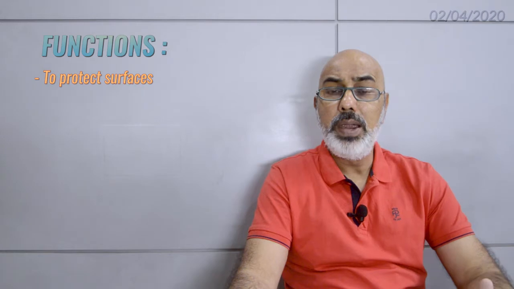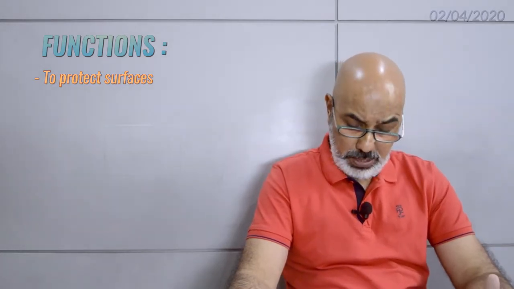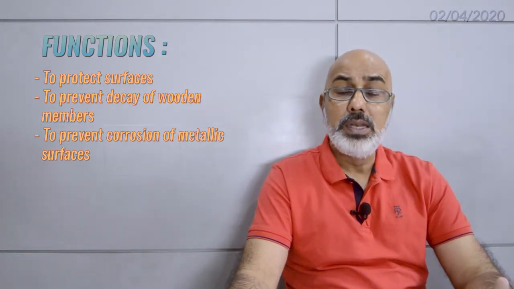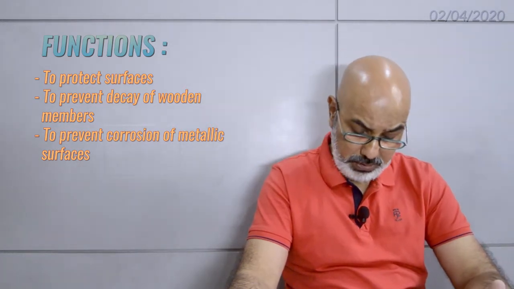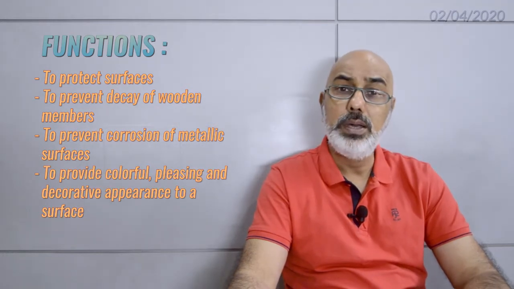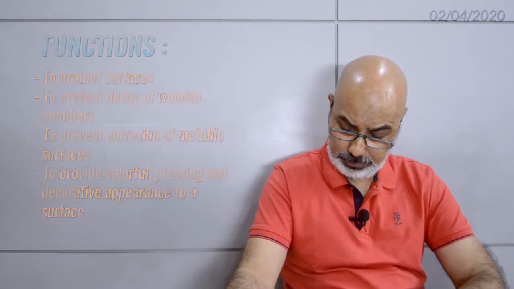So whether I use a paint for exterior purpose or interior purpose, it protects the surface for a longer period, whether the surface is wood, metal, or a plastered wall surface. To prevent decay of wooden members and corrosion of metal surfaces. To provide colorful and pleasing appearances to the surface.